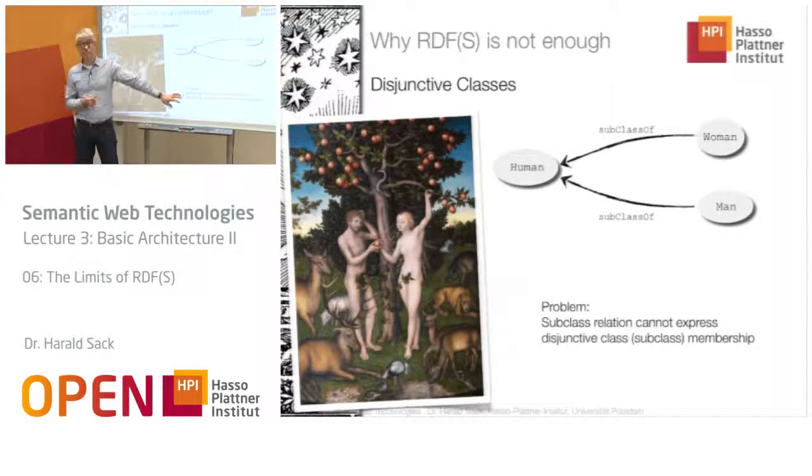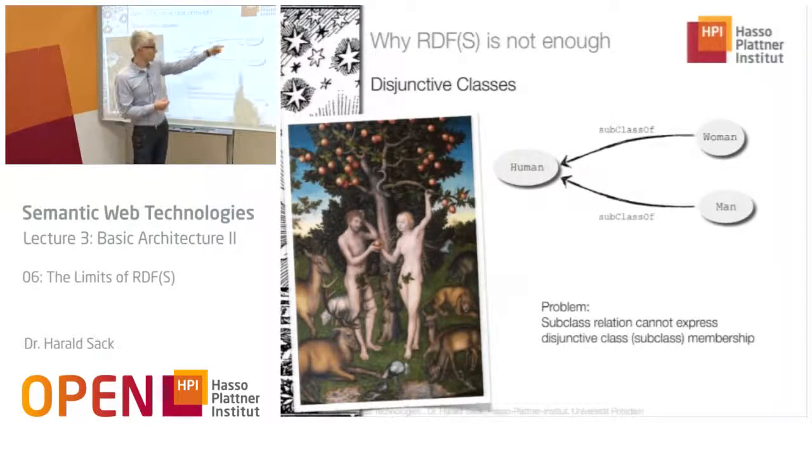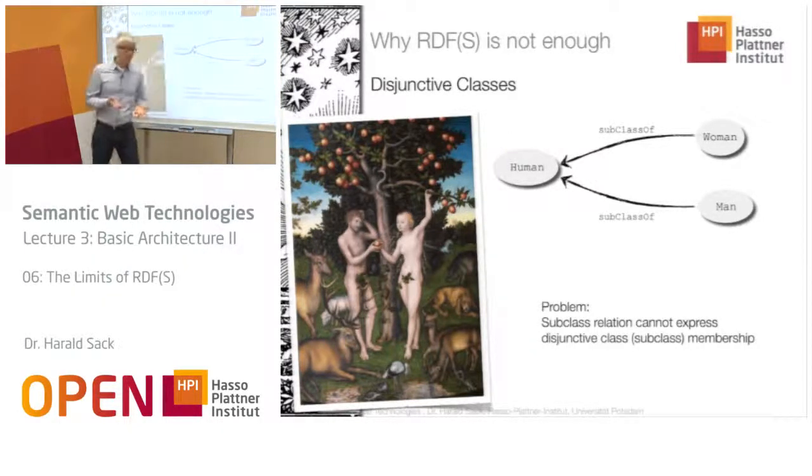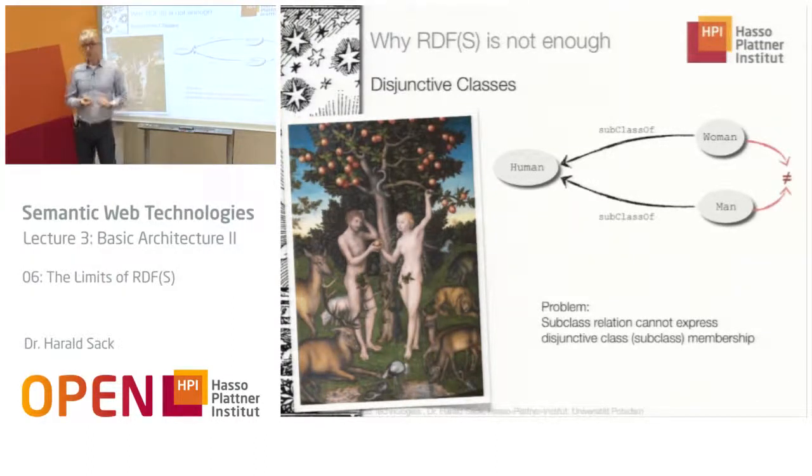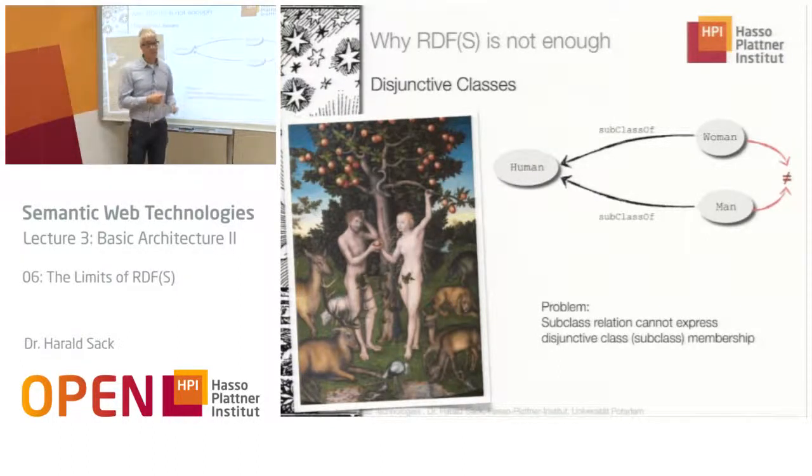Take another example, just simpler. We have a class of humans, and we say, of course, women are a subclass of human, and also men are a subclass of human. But how can you express the fact that the members of these classes can never be in both classes at the same time, or they should never be, in the usual case, in both classes at the same time, meaning that these two classes are disjoint?